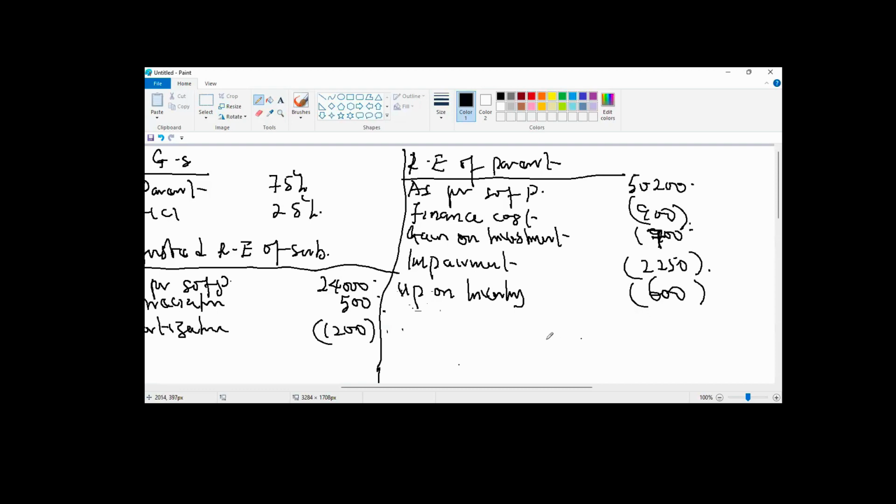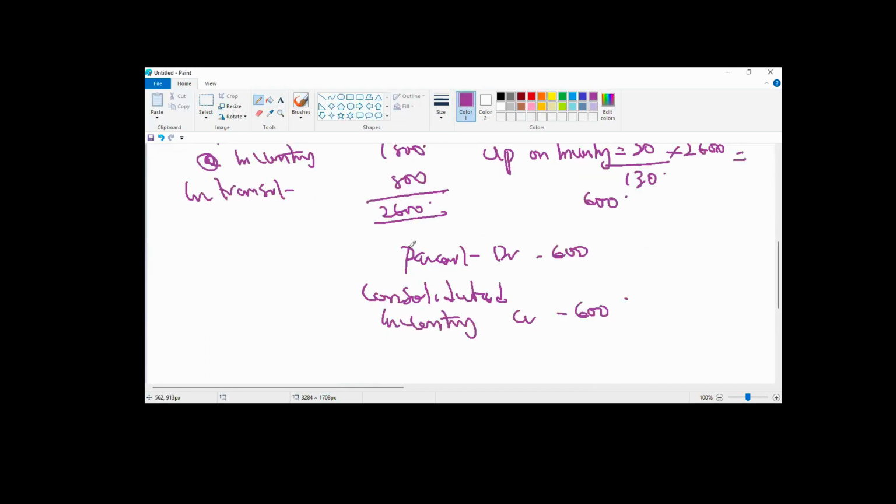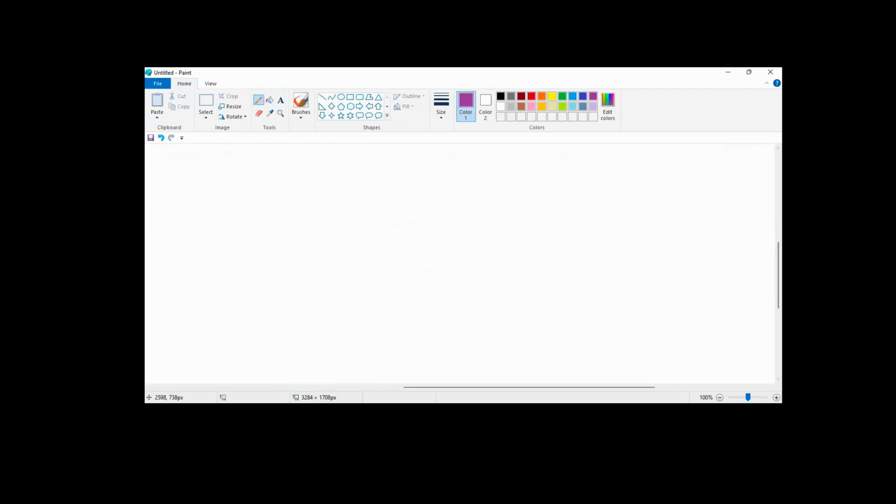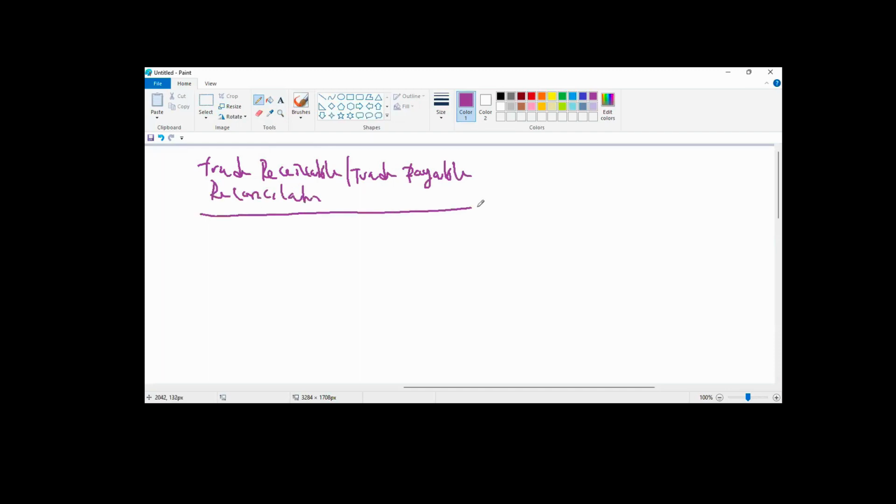Don't forget, trade receivable and trade payable reconciliation can come in exams in 3 ways.